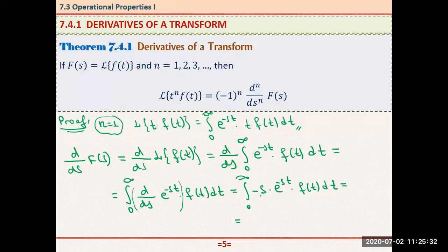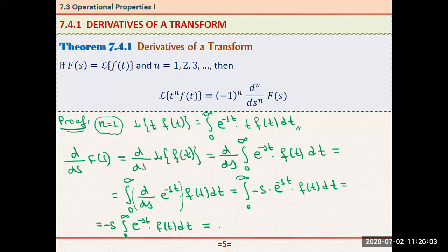Now minus s with respect to t is just a constant number, so I can take this out. Here we have equals minus s times the integral from 0 to positive infinity of e to the power minus st times f of t dt. And what is this thing? It is exactly the Laplace transform of f of t.